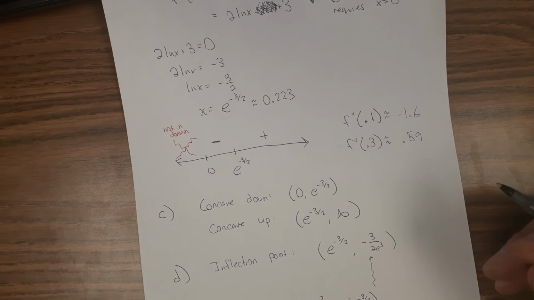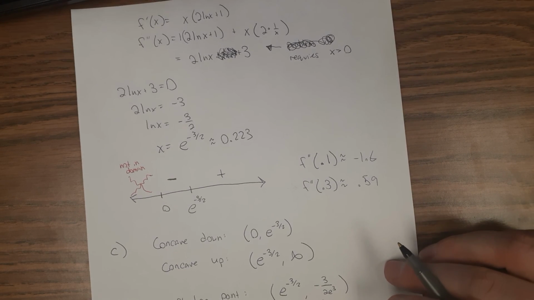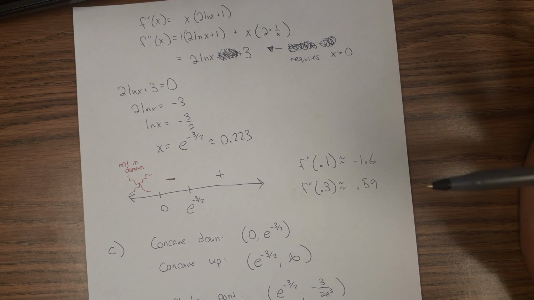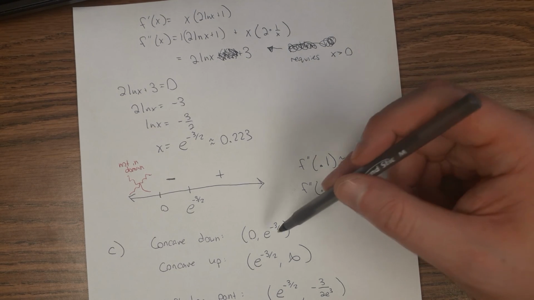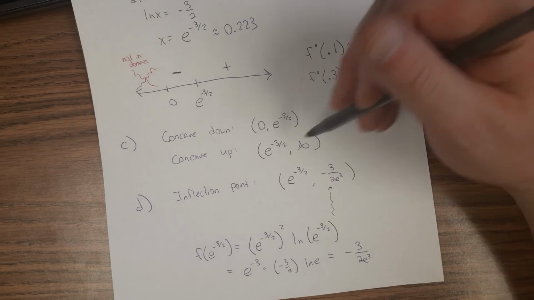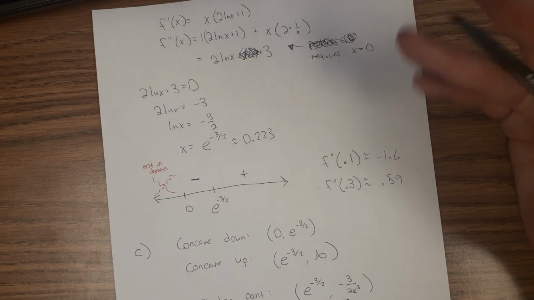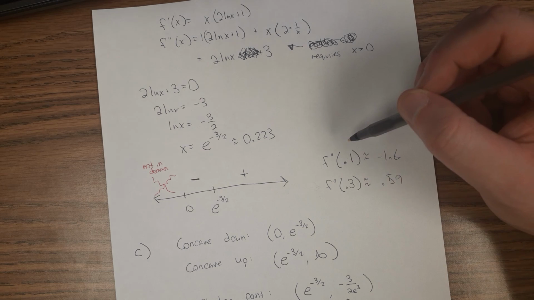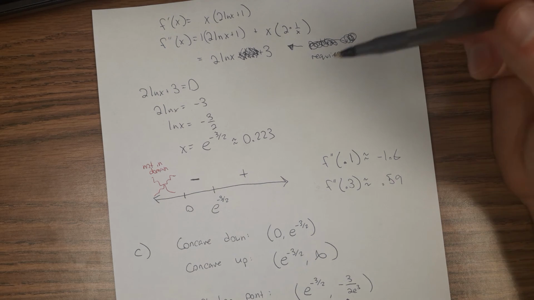So I think this is a good example to show you, especially because some of our work involved these dirty things like decimals. I'll call decimals dirty because they're not exact numbers, and in the end I want my answers stated in a very exact way. There are no decimals anywhere in my answer, but during the process of producing the answer, I really had to compare one number to another number to see which one was bigger, and it's hard to do if the number is e to the minus 3 halves.